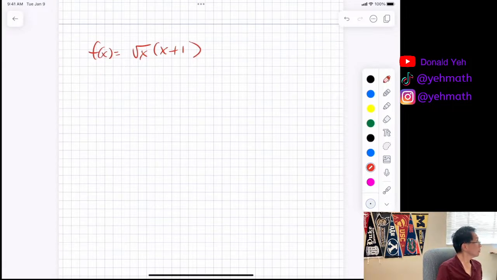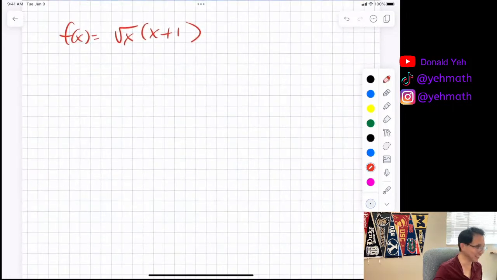Just find the derivative of just... So what kind of algebra can I do first?